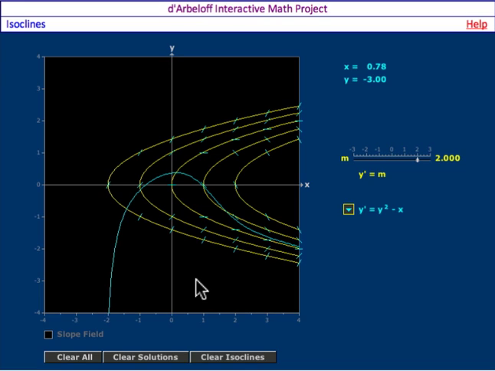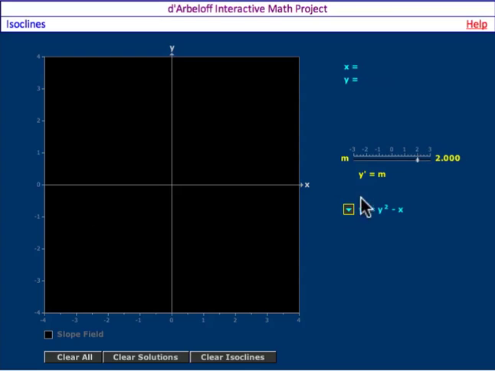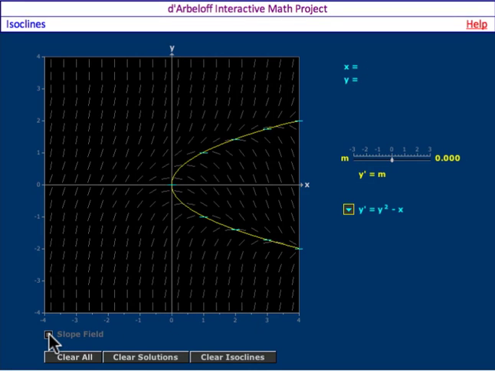But you can see other things as well from isoclines. I'm going to clear all of these and redraw the m equals 0 isocline on the screen. And I think I'm going to redraw the slope field as well. Now, critical points of a function occur where the derivative is equal to 0.